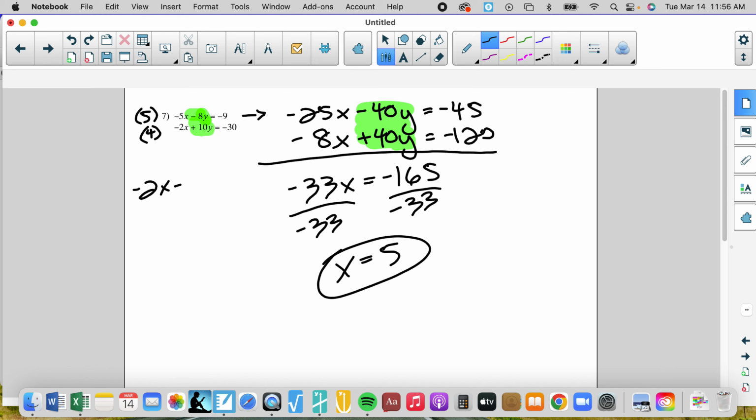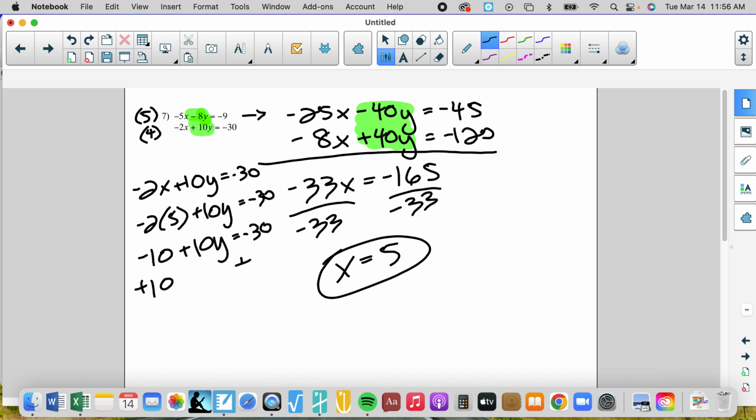Let's use an equation. I'm going to choose the bottom one. Negative 2 times 5, because I'm substituting it in and isolating for my y. I have negative 10 plus 10y equals negative 30. Add 10, 10y equals negative 20.